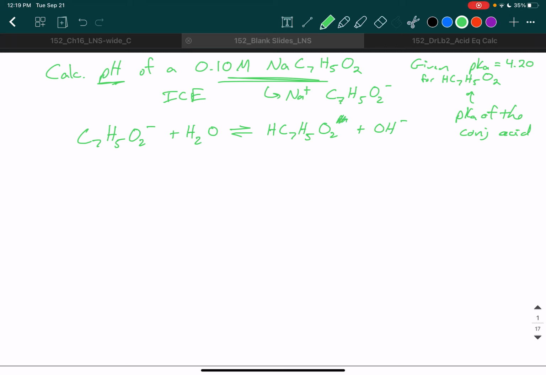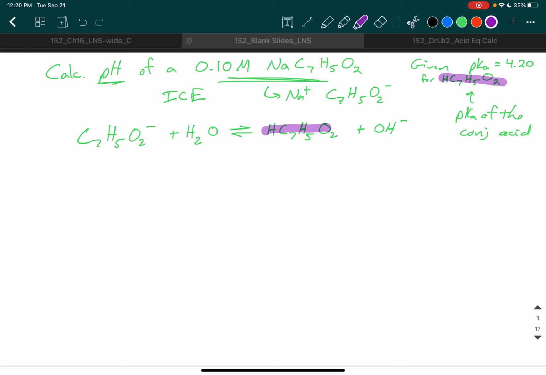Scratch that out. Here we go. If I pause for a second and take a peek at this problem, notice I have a connection here. Embedded within that hydrolysis reaction is its conjugate acid, and it's the conjugate acid's pKa that we need to actually calculate this.